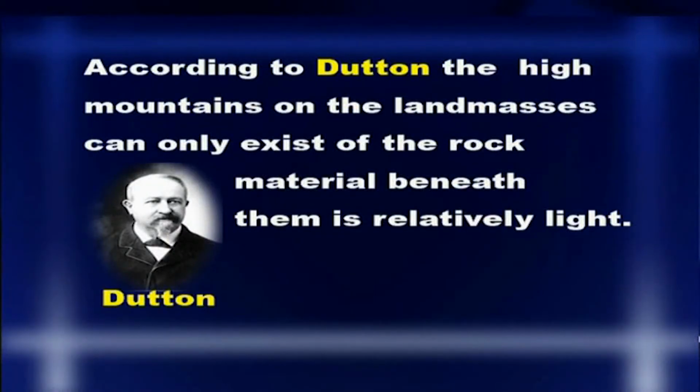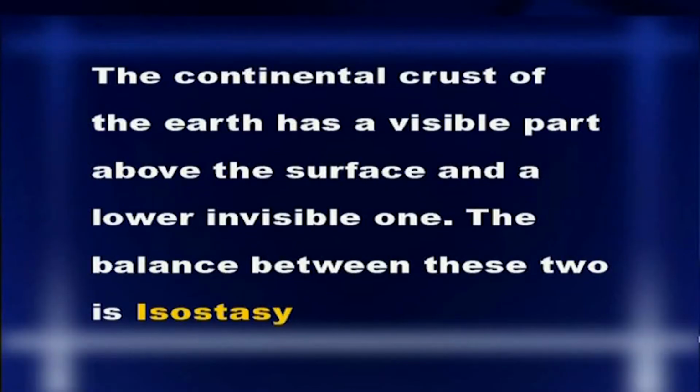His idea was that the high mountains on the land masses can only exist if the rock material beneath them is relatively light. The continental crust of the earth has a visible part above the surface and a lower invisible one. The balance between these two is isostasy.